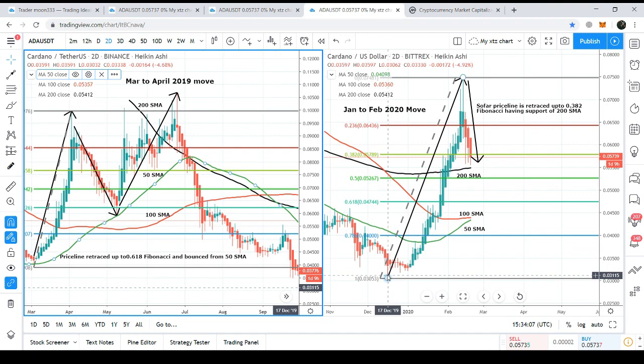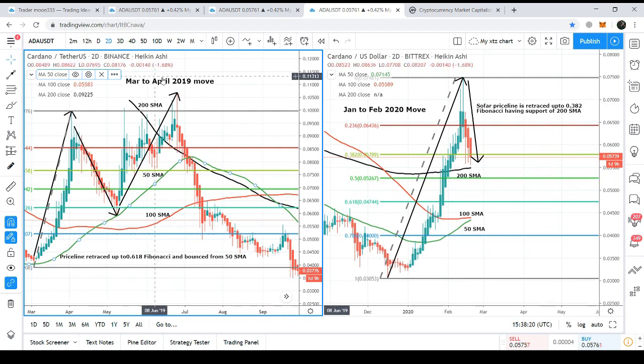Once the rally started in December, up to February there was no price correction, and now the price correction has started, and so far it has retraced up to the 0.382 Fibonacci level. Now we are in a stronger position compared to the March to April 2019 bullish rally, because at that time we did not have the support of the simple moving average 200.